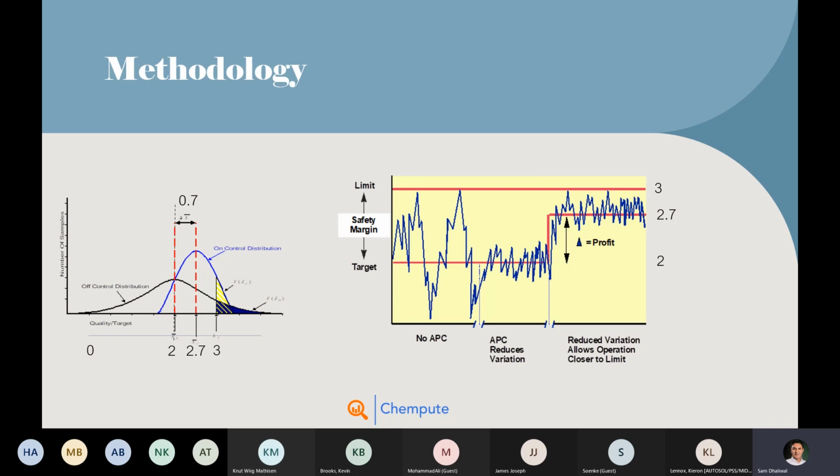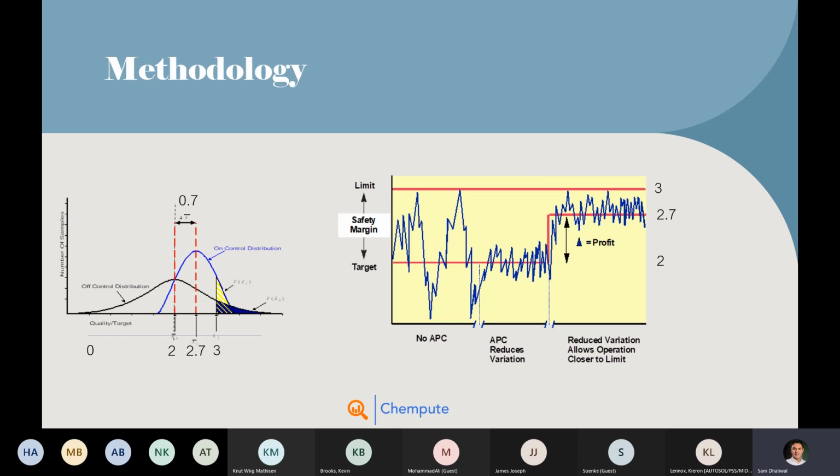Without advanced process control, and this is an exaggeration, obviously, there is some level of variation in that impurity going in the propane stream. And the result of that is that the operators will operate at an average which is a little bit further away from the actual target or the actual quality measure that is set perhaps by the place where it's sold, so to speak, and that perhaps is at 2%.